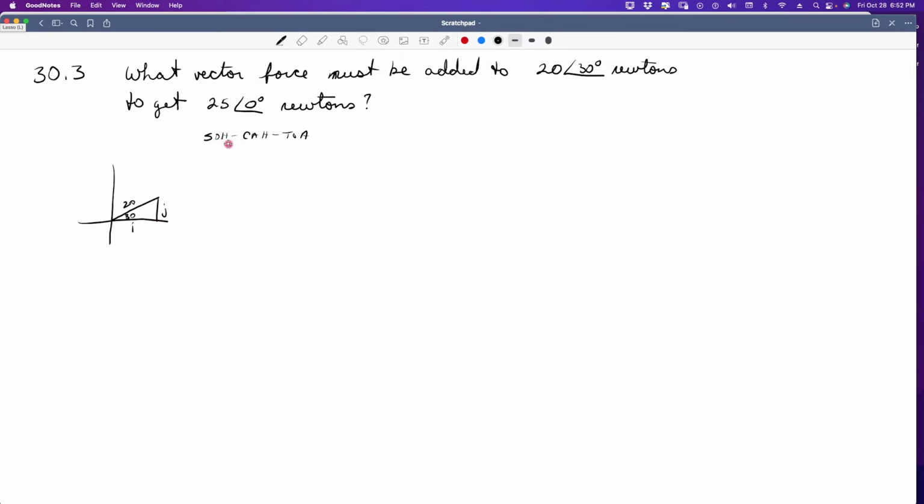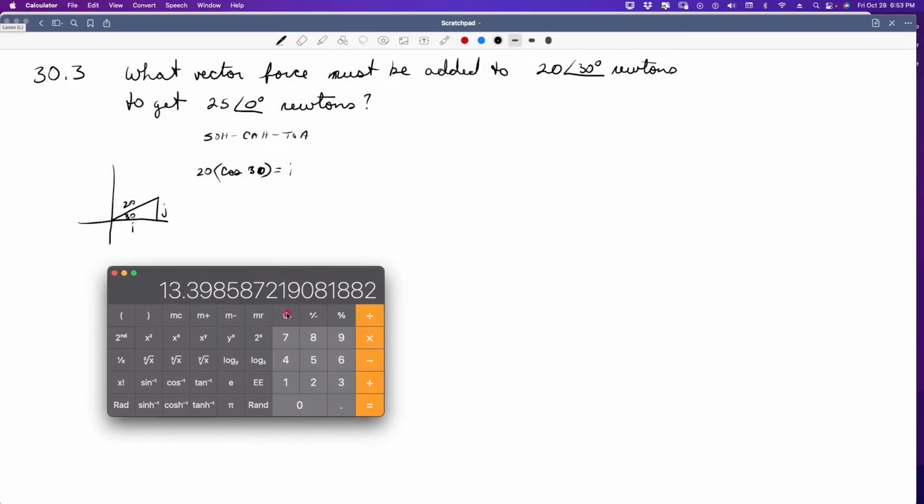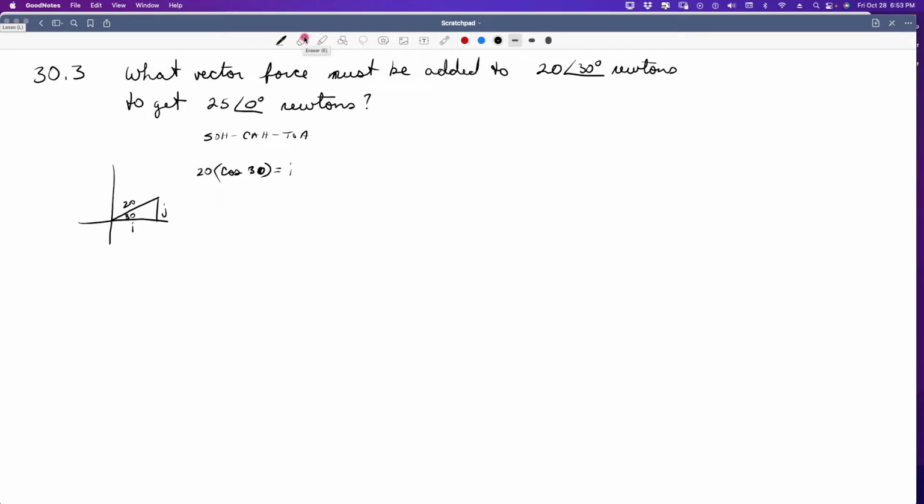Yes, cosine is adjacent. So that is going to be the cosine of 30 degrees. 20 times the cosine of 30 degrees is equal to the I measurement. Cosine 30 times 20 is 17.32.